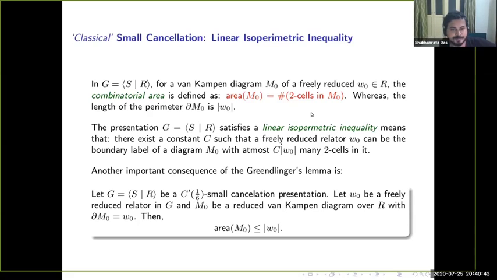That's the area. Then there is the length of the perimeter. This is the Van Kampen diagram, and this is the perimeter. Since Van Kampen's lemma says that the perimeter boundary of M is W0, the length of the perimeter is just the norm of W0, the word length.